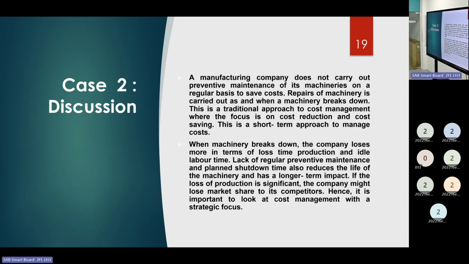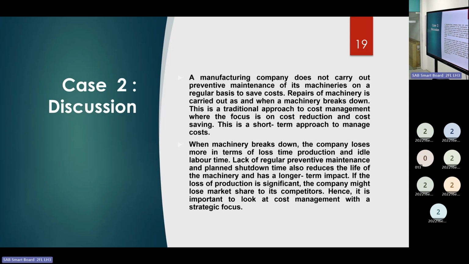When the machine breaks down, the company loses more in terms of lost production time and idle labor hours. Lack of regular preventive maintenance and planned shutdown time reduces the life of the machine and has a long-term impact. If the loss of production is significant, the company might lose market share.